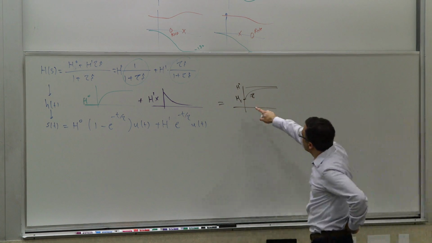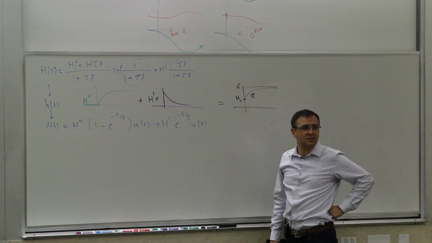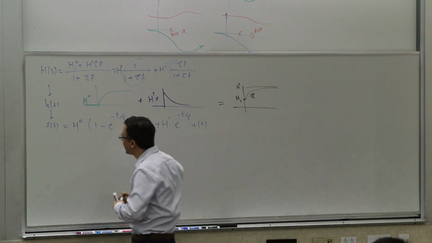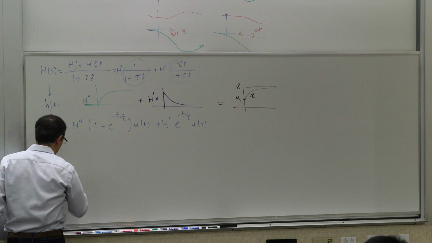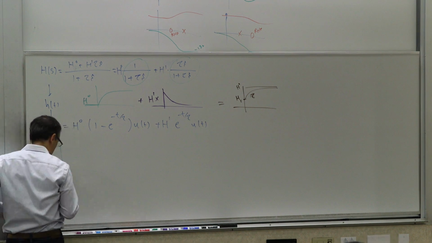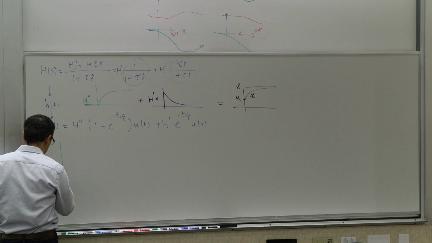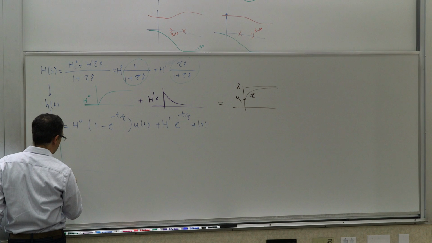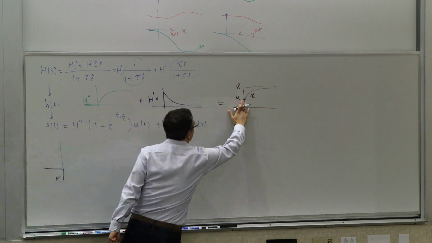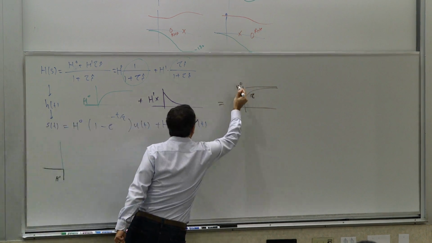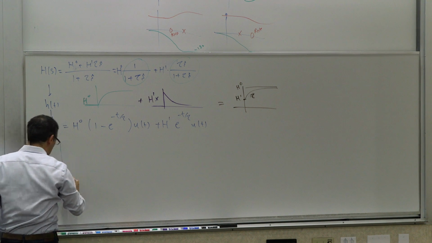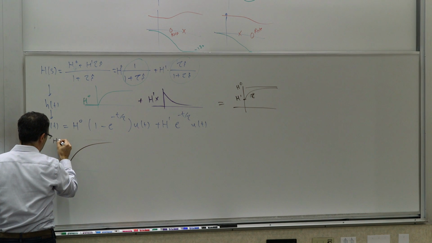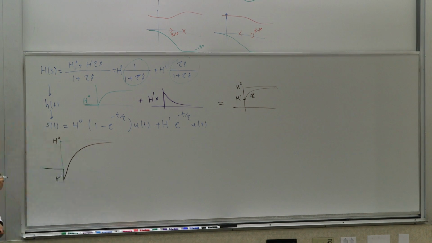Well, then these two will have different signs, which basically means your response will look like this, for example. Initially it would be h1, you go here, and then eventually you go to h0 asymptotically.